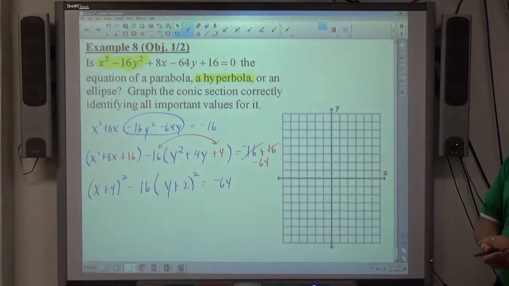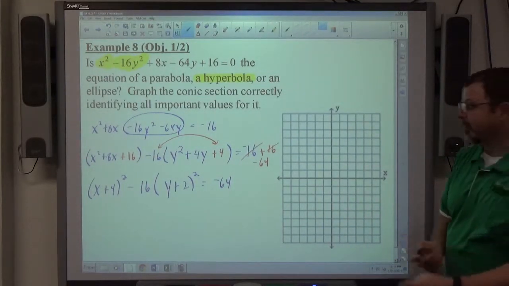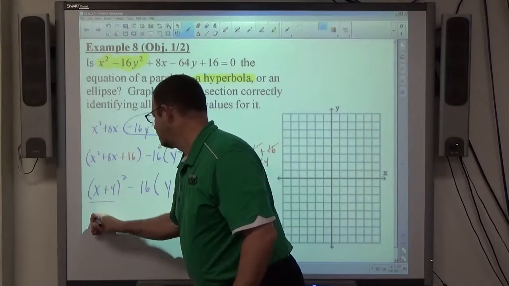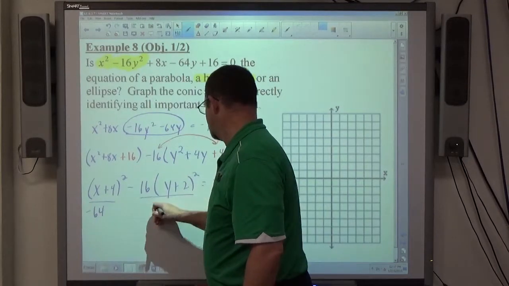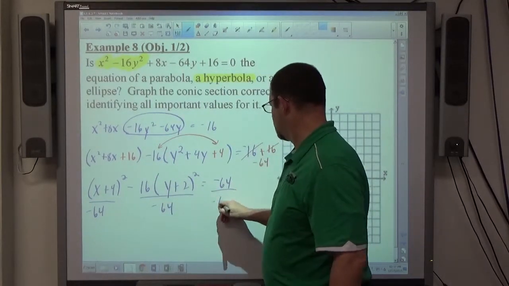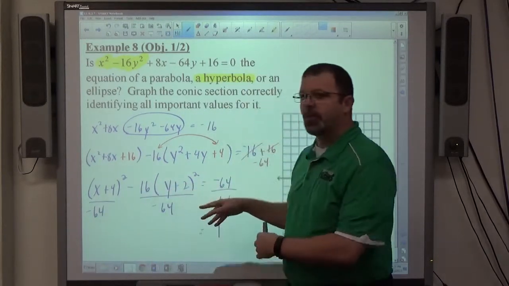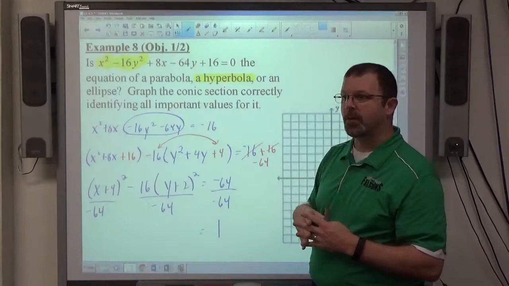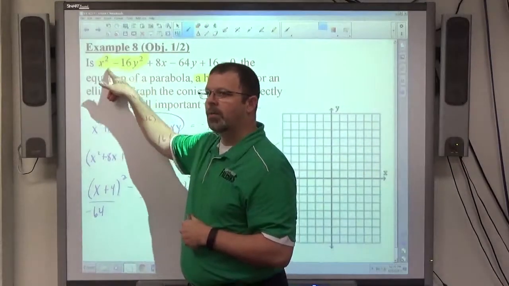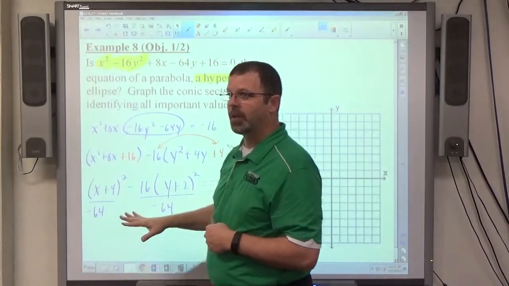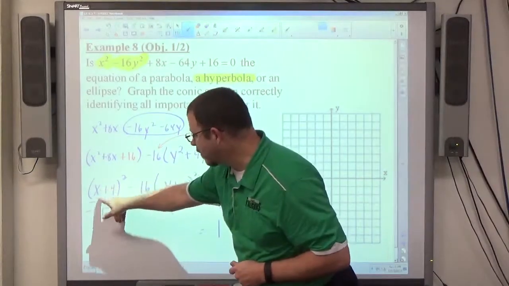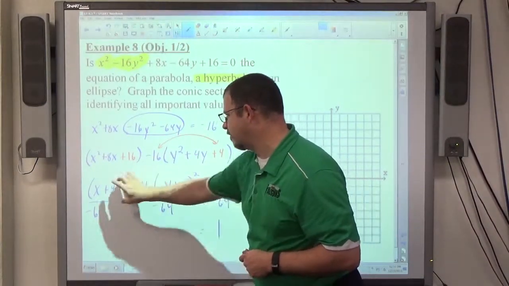And finally, I can see now that if I divide everything by negative 64, so it equals 1, the negative 64 creates a different sign on things. So again, I can't make a decision up here what way it goes. I've got to make a decision down here once I get standard form. Dividing by negative 64 makes this one negative, this one positive. So I'm going to put this in front and that in back.